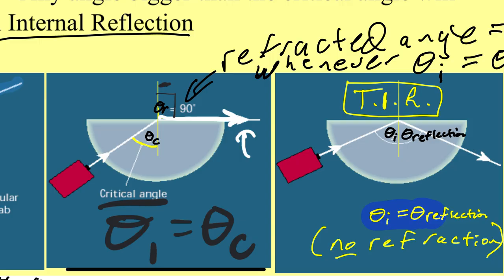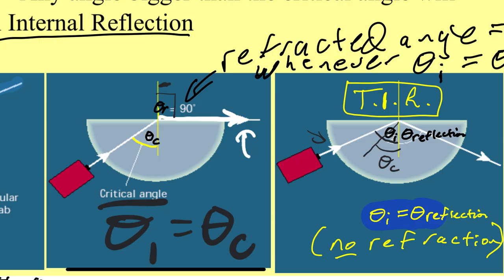Now what's weird is if you exceed the critical angle, like this ray is doing right there in this picture, none of it will go out this transparent boundary.